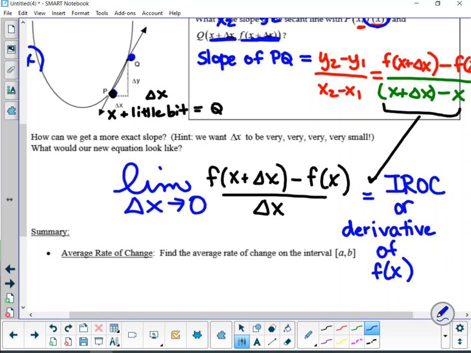The derivative of a function can be measured by a limit. If we take a function and set this limit up for the function, the result of calculating this limit is going to be the value of the derivative.